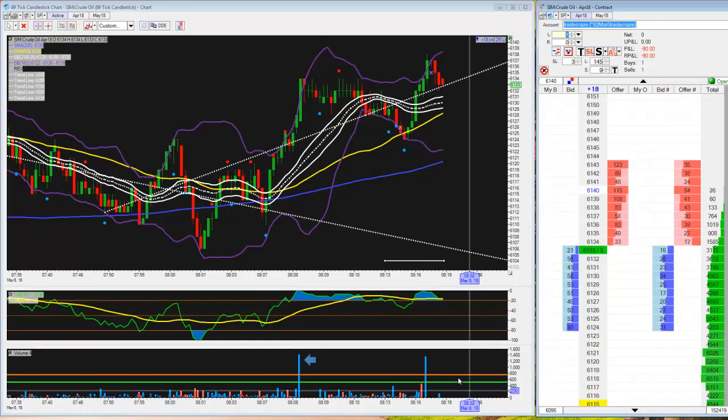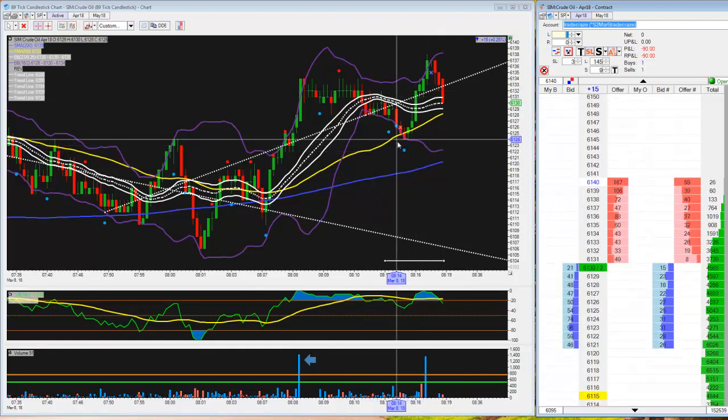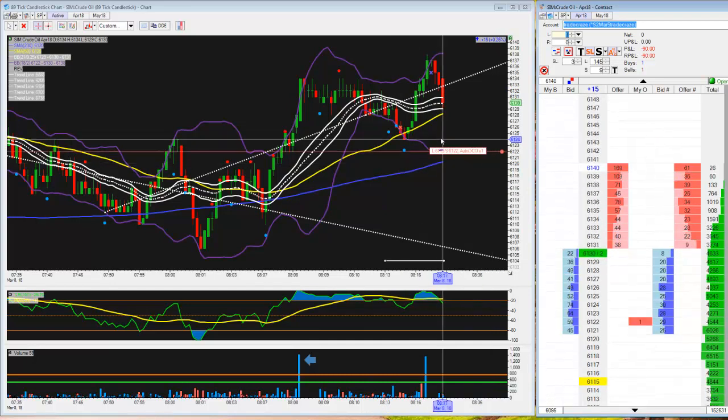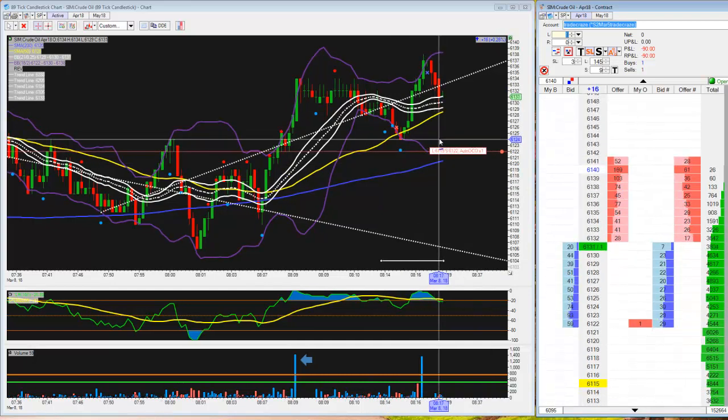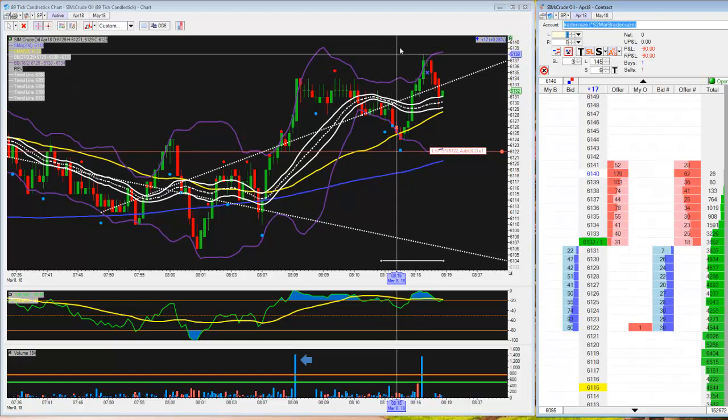Another high volume bar up with over 1,000. True signal looks to be 22. $34 to $38.